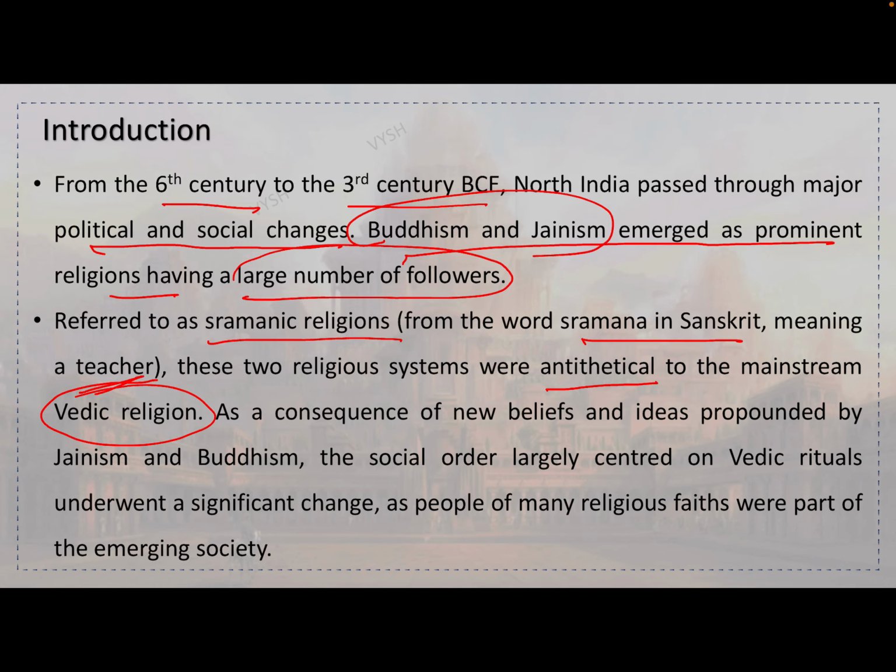As a consequence of new beliefs and ideas propounded by Jainism and Buddhism, the social order largely centered on Vedic rituals underwent a significant change, as people of many religious faiths were part of the emerging societies.